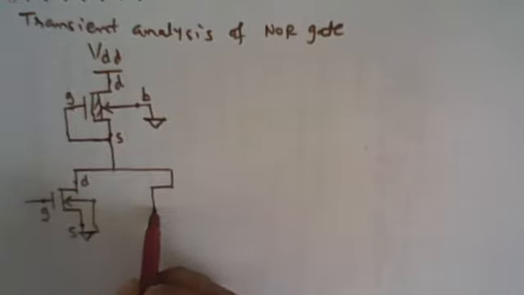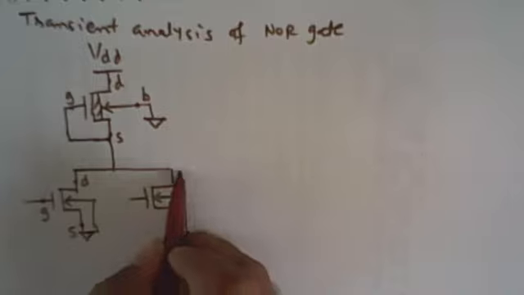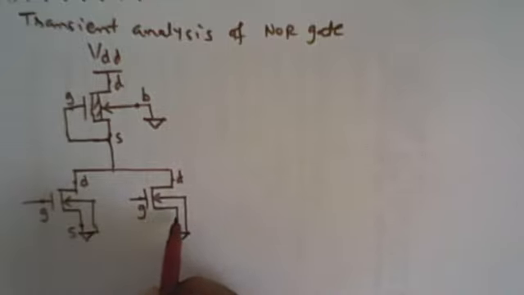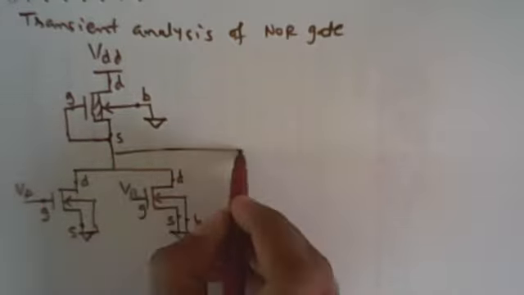Similarly, for the B driver MOSFET, drain terminal, gate, source, and bulk. And here is the output.